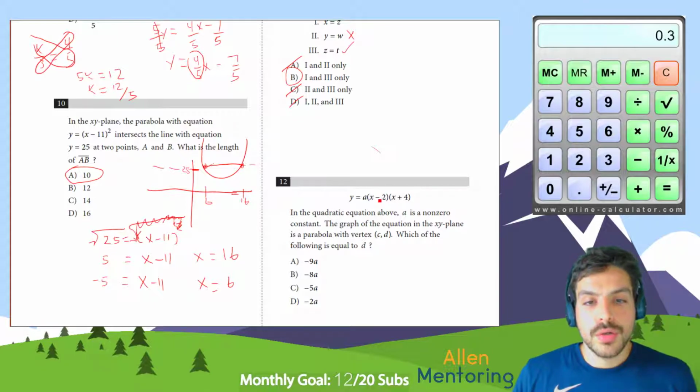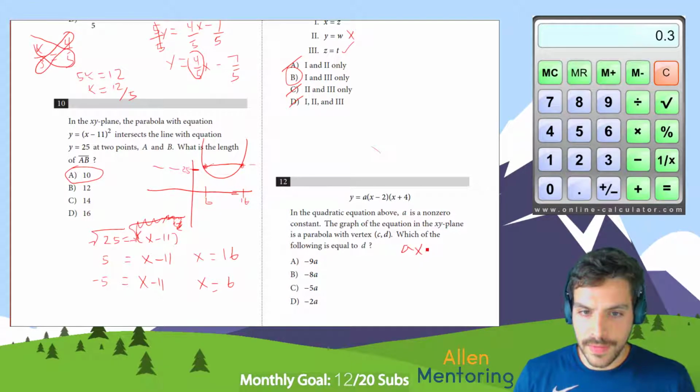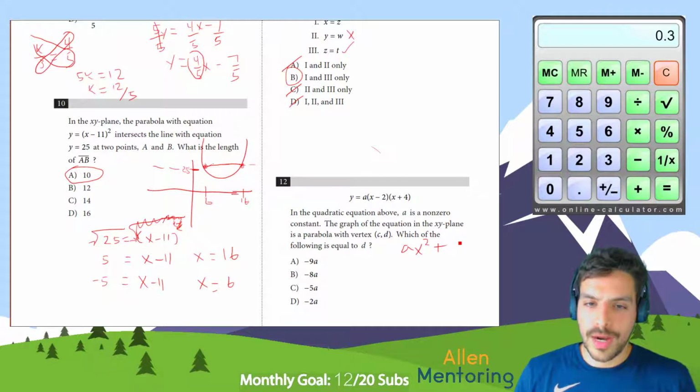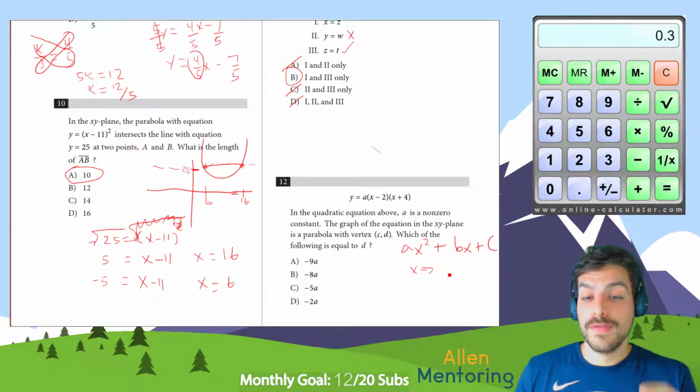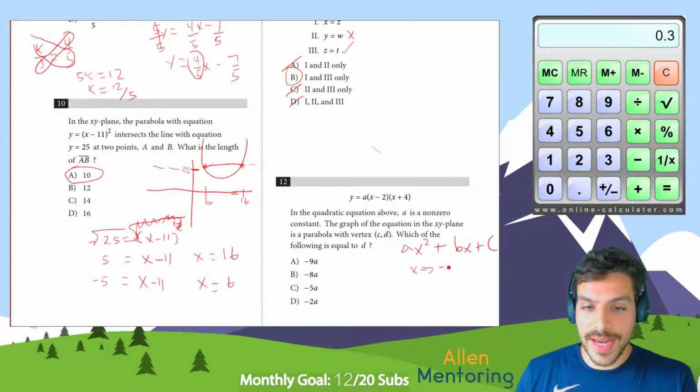All right, so the very first thing: the way that you find a vertex is if you have standard form, right? You have a standard form of a parabola as such. Your x value of the vertex is going to be negative b over 2a.